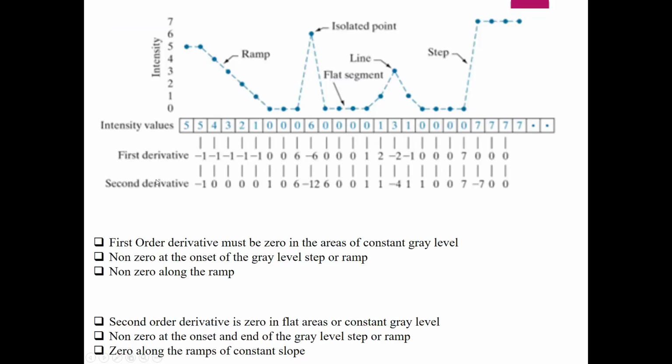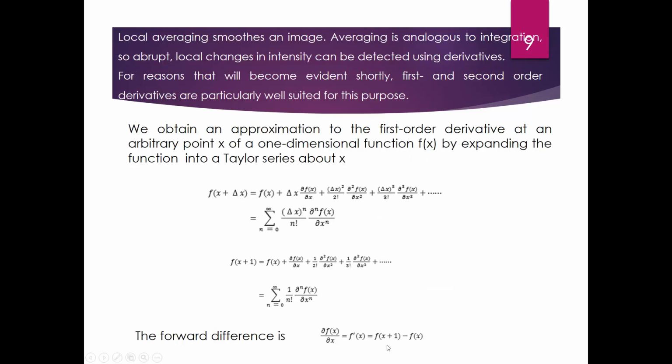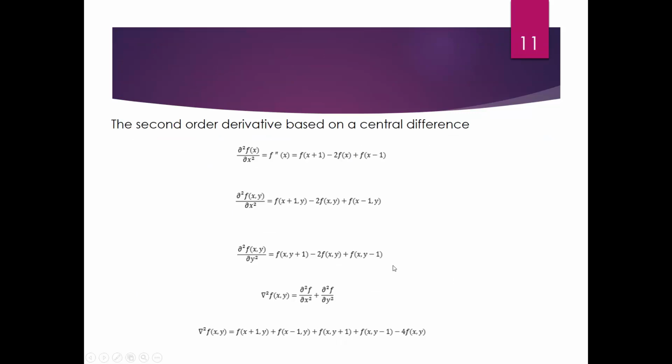Now, for example, I have taken this variation of intensity level, and I am going to measure the response of the first derivative and the second derivative. The first derivative is f dash x equal to f(x plus 1) minus f(x), and the second derivative is f(x plus 1) minus 2 f(x) plus f(x minus 1).